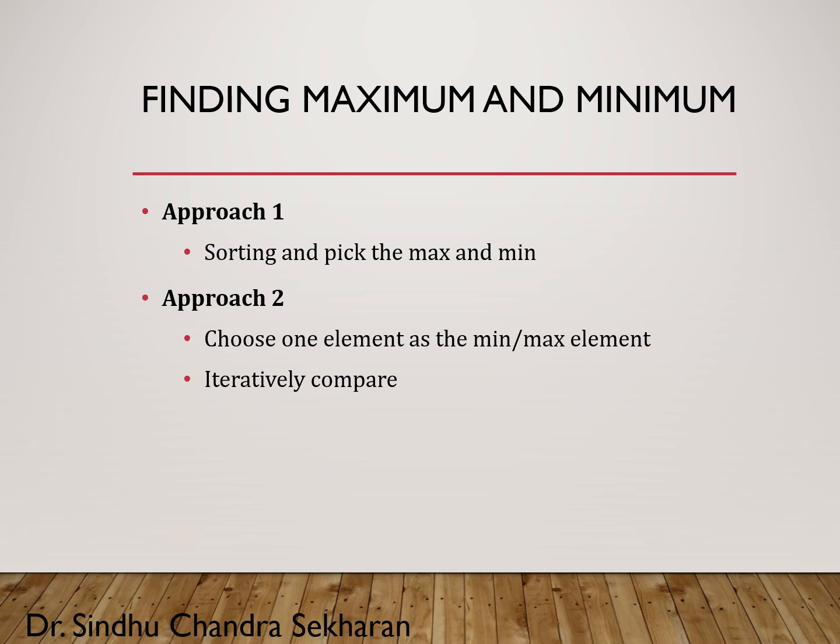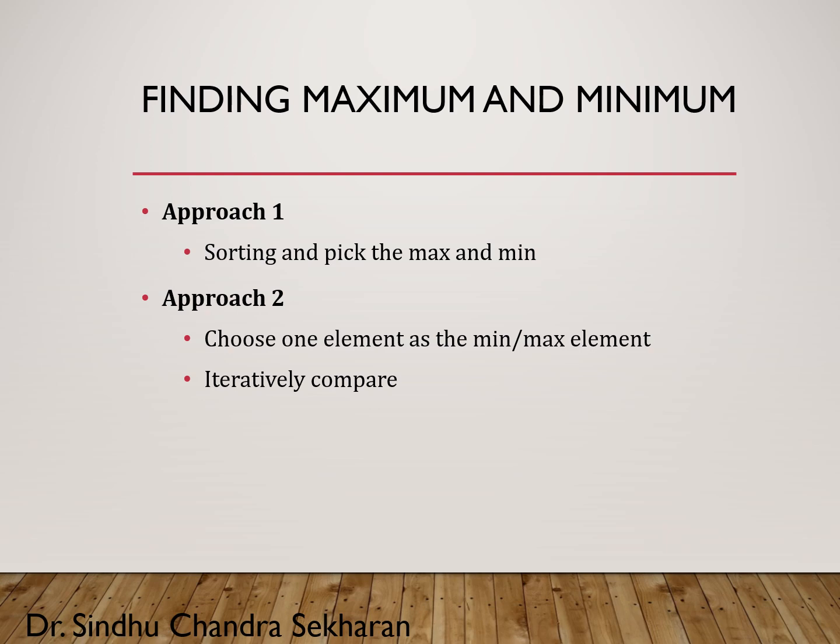So in order to find minimum and maximum element in an array, we have so many approaches. One such approach is to sort the complete array into ascending order and then identify the first element as the minimum element and the last element as the maximum element.